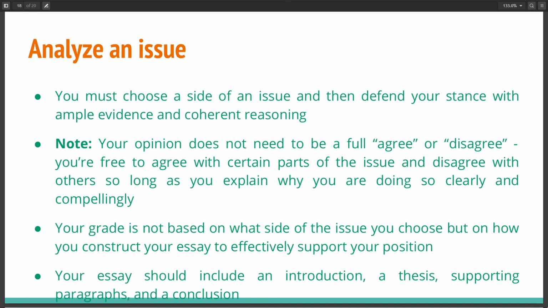You are free to partially agree and partially disagree, but you'll have to explain clearly why you are agreeing or disagreeing. Your grade won't be based on what side of the issue you are supporting, but how clearly you are supporting it. And since it's an essay, it has to have an introduction, a thesis, supporting paragraphs, and a conclusion.